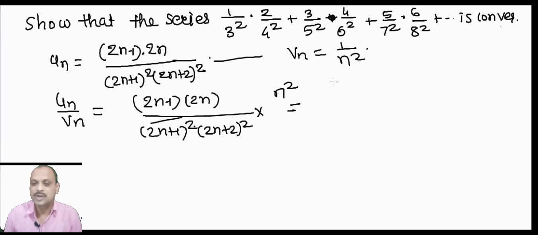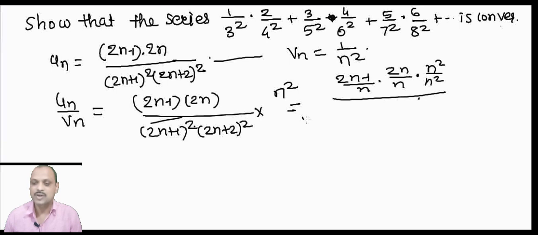How many n's? We have taken 4 n's: 2n minus 1 divided by n into 2n divided by n into n square divided by n square in the numerator, and 2n plus 1 whole square divided by n square into 2n plus 2 whole square divided by n square in the denominator.